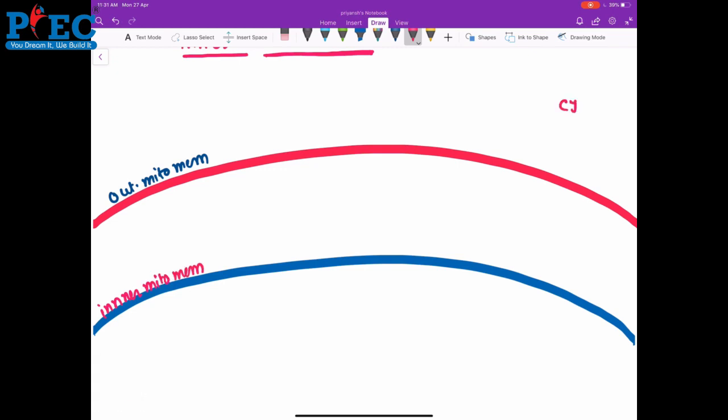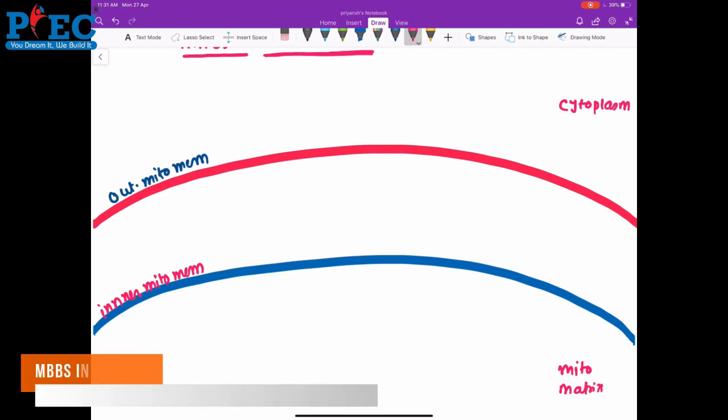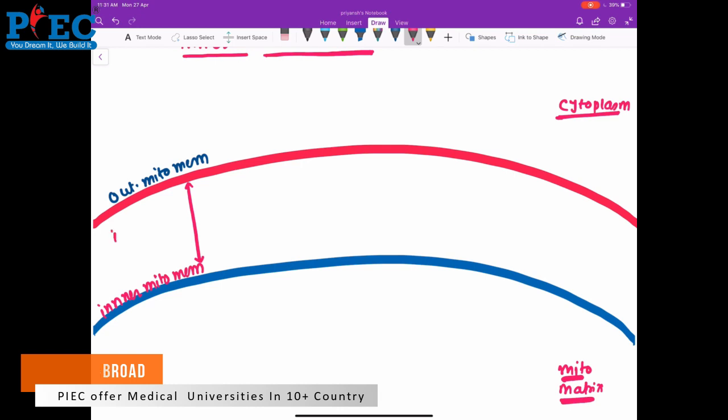Outside of this is the cytoplasm and inside is the mitochondrial matrix. So I hope you have the orientation now. Outside the outer mitochondrial membrane is the cytoplasm, and inside the inner mitochondrial membrane is the mitochondrial matrix. In between the two membranes, the space is called the intermembrane space.